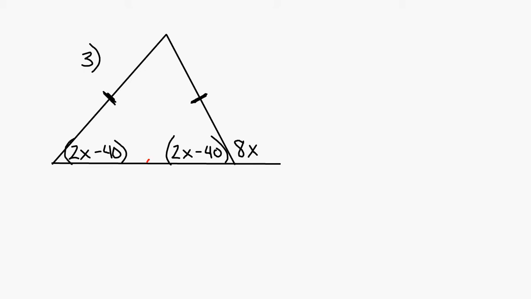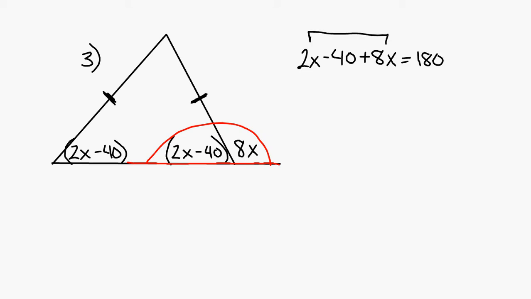And how much do these two have to add up to? Right, 180, because they form a straight line. So your math would be that 2x minus 40 plus the 8x has to equal 180. Combine your like terms. 2x and 8x is 10x minus 40 equals 180.